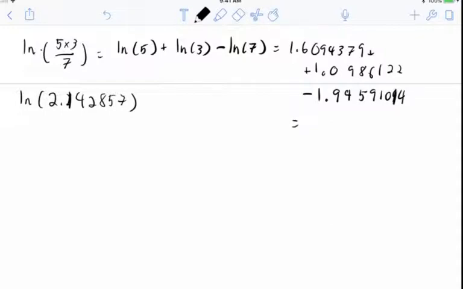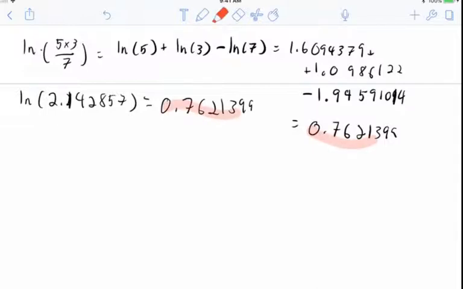Alright, now we add them up. 1.6094379 plus 1.0986122 minus 1.9459101 equals 0.762139. Alright, now let's try the ln of that other number, 2.142857. 0.762139. Yeah, they're the same.